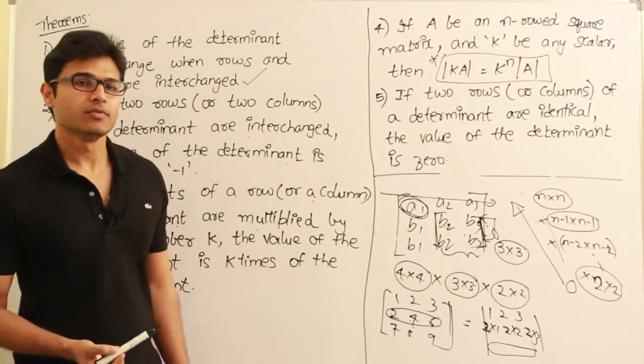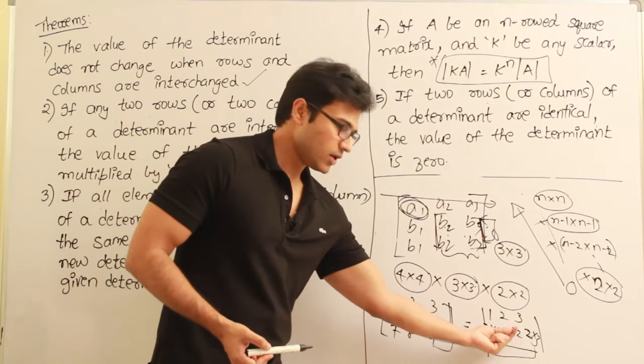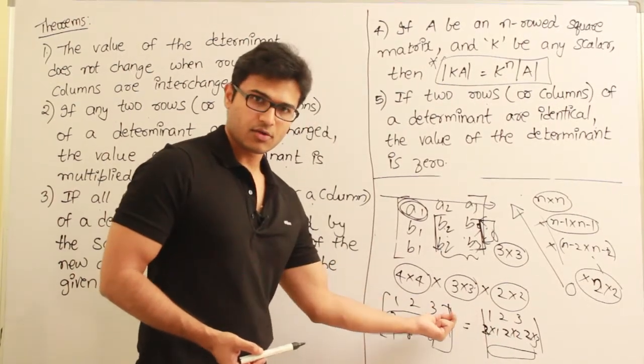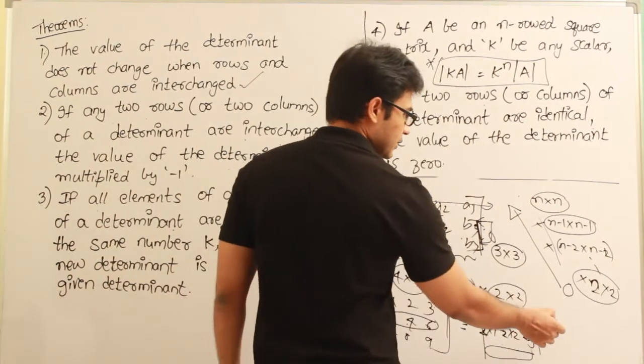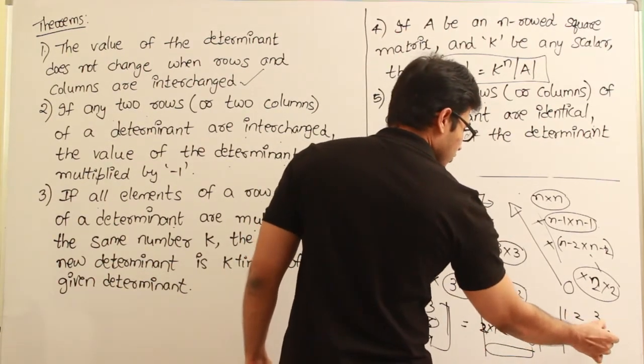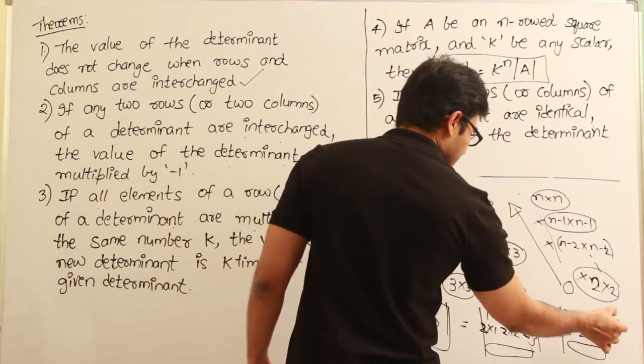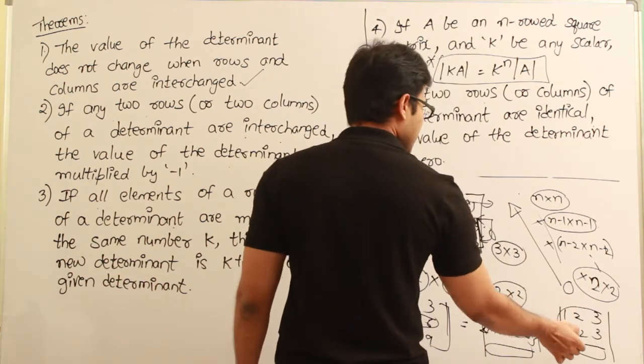Then what can we do? Whenever a row is multiplied with a constant k, you can pull that constant out and write the remaining. Then it can be written as 1, 2, 3, 1, 2, 3, with 2 pulled out, and then the last row is there. Now these two are identical.